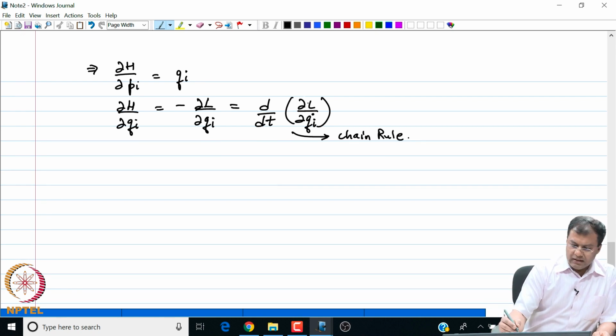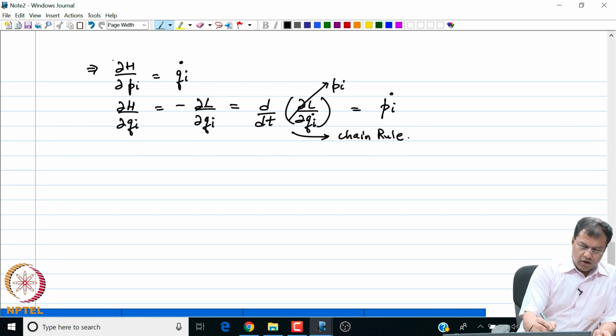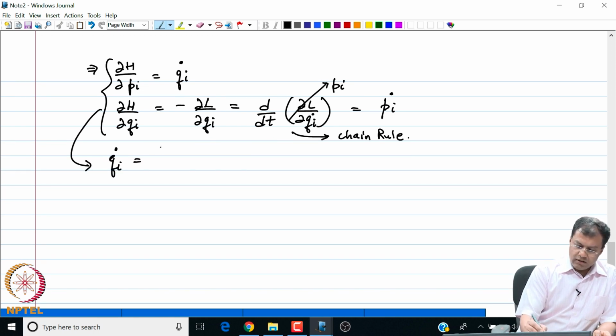Okay, so notice that this quantity is nothing but Pi, our definition of generalized momenta, and so this is also equal to Pi dot. Which means, from these two I see two relations emerging: Qi dot is partial H partial Pi, and Pi dot, well, I have a minus sign here, is minus partial H partial Qi.